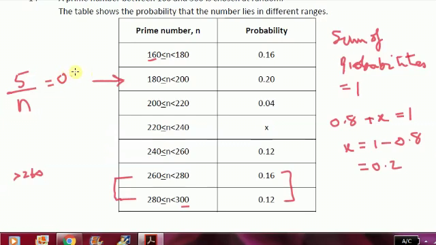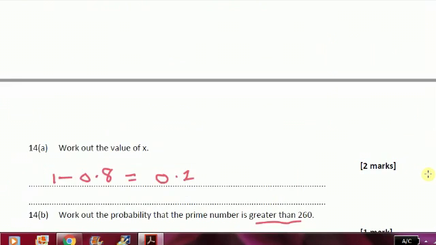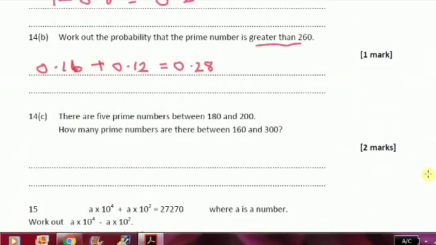So all I have to do is to solve this to find the value of n that will give me 0.2 there. So let's write down our working. What did I say? 5 over the total number of prime numbers, n, in that table is equal to 0.2.